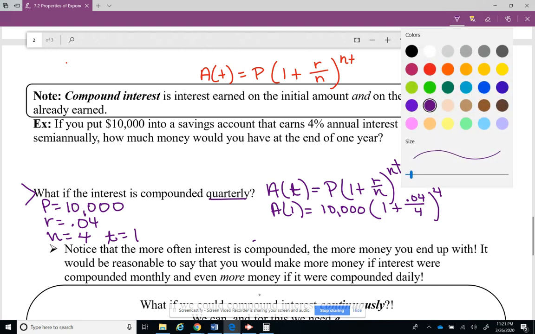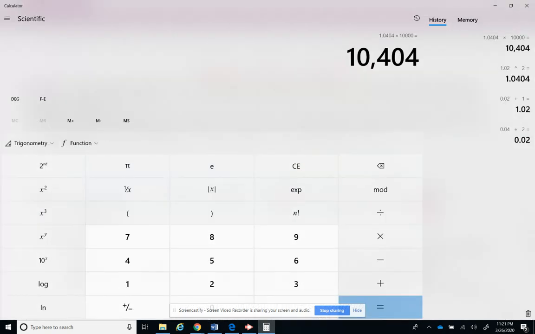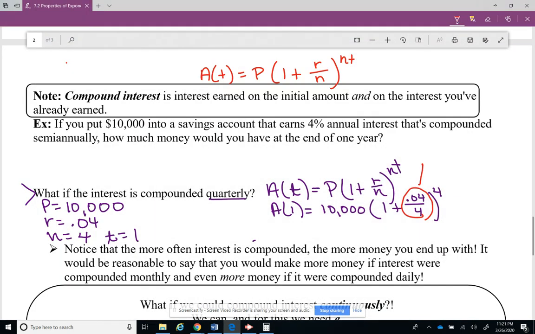All right, the first thing I want you to do is 0.04 divided by 4. So we're going to clear our calculator and do 0.04 divided by 4. All right, that's 0.01. We're going to add that to the 1 that's already in front of it.